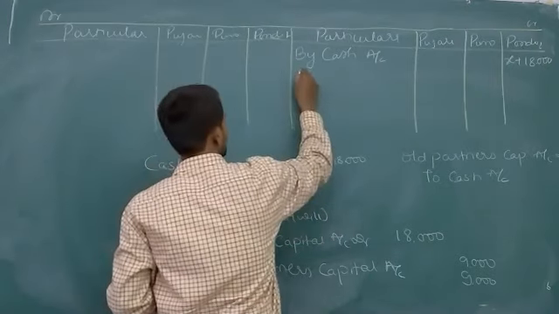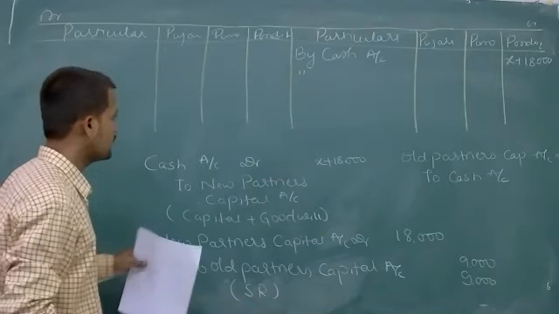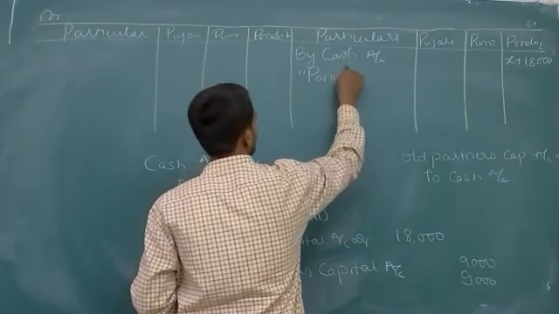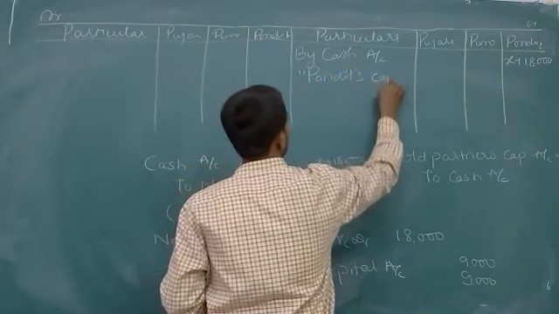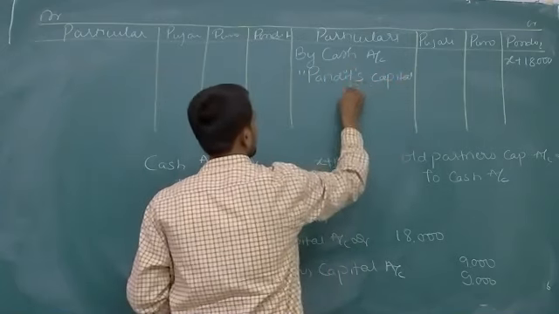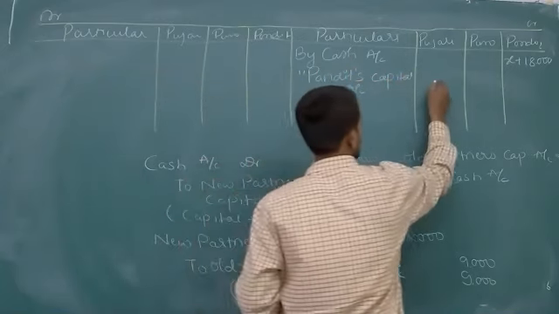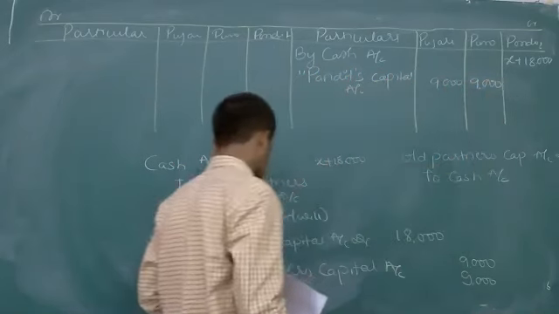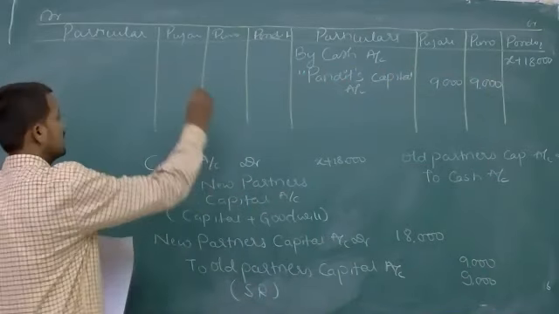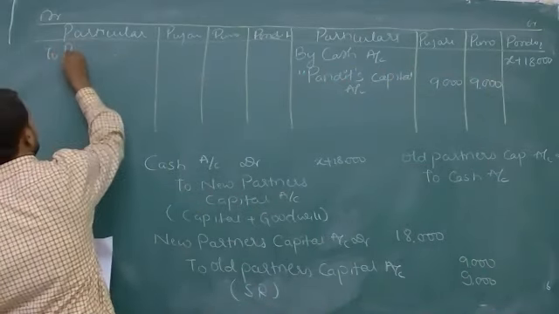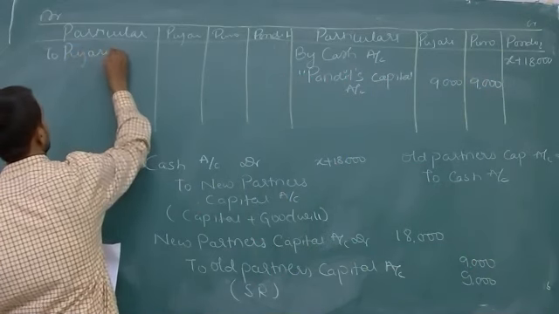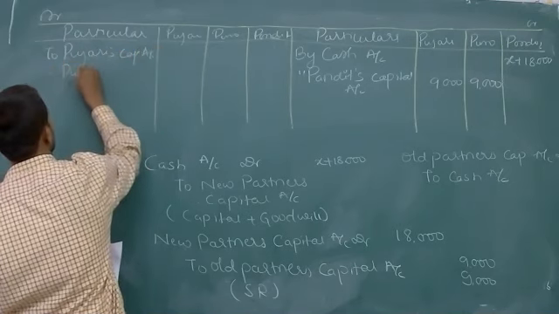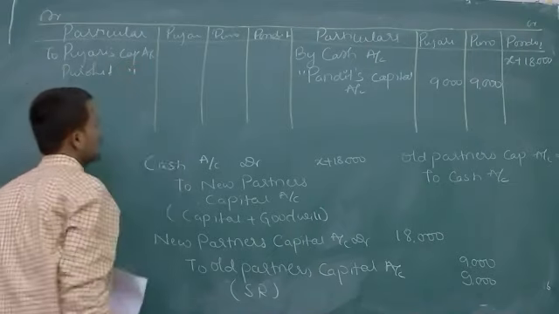First, by the journal entry, by new partner's capital account, so it will be by Pandit's capital account, 9,000 and 9,000, to old partners' capital account, to Pujari's capital account and to Purohit's capital account.